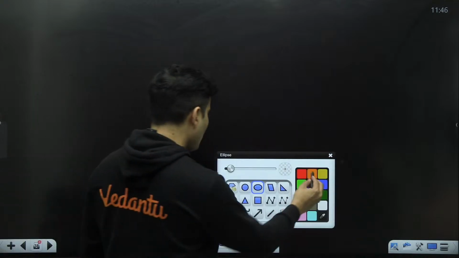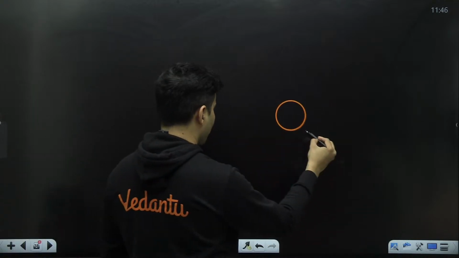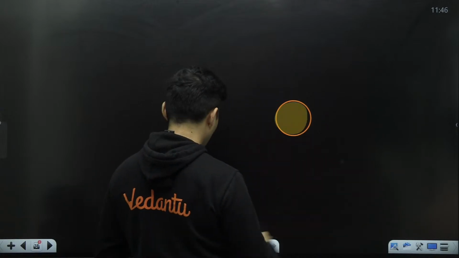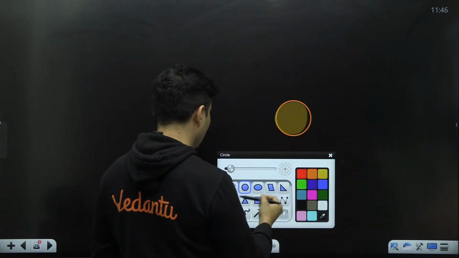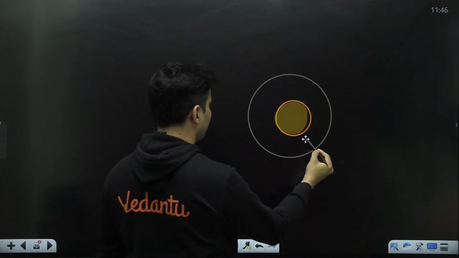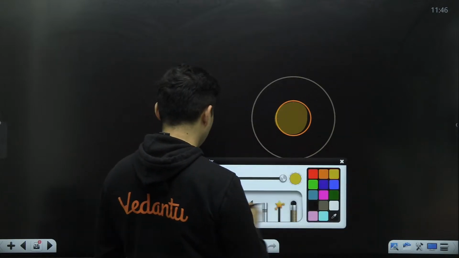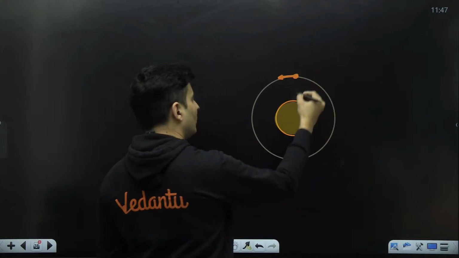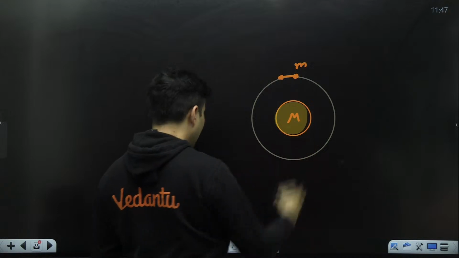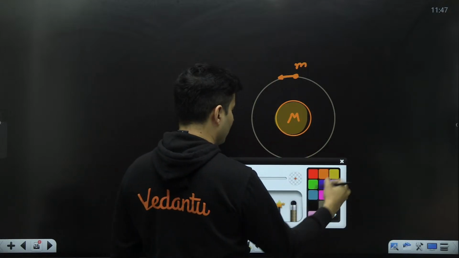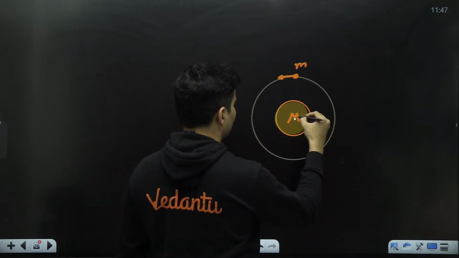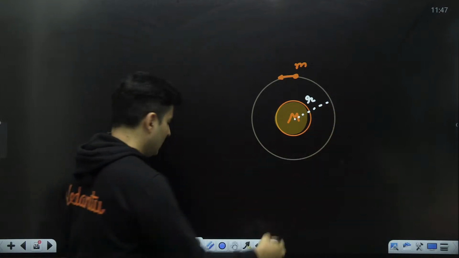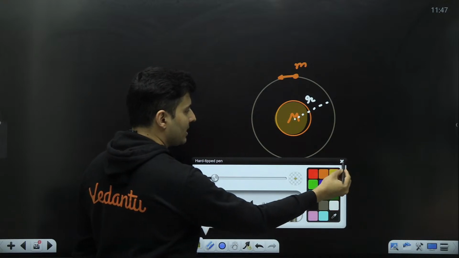Similarly, if you are considering there is a planet over here, and in the orbit there is a satellite which is revolving, let's say like this. So this is m, this is capital M, and let us just say this particular distance is r, which is the radius of the orbit. Then it will have total energy, guys.